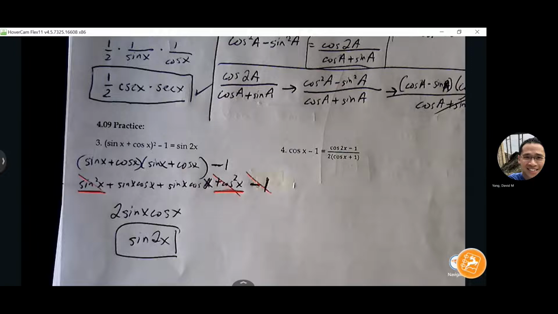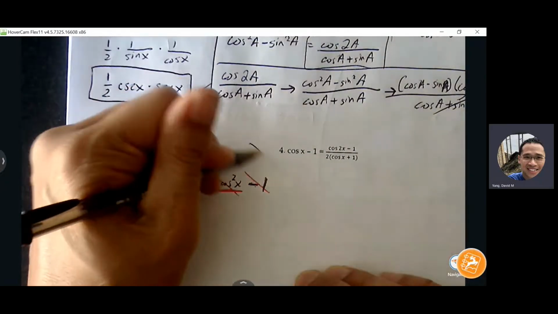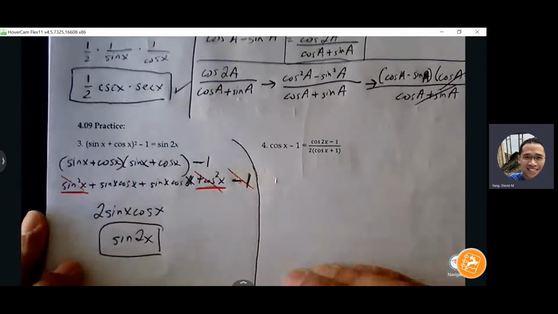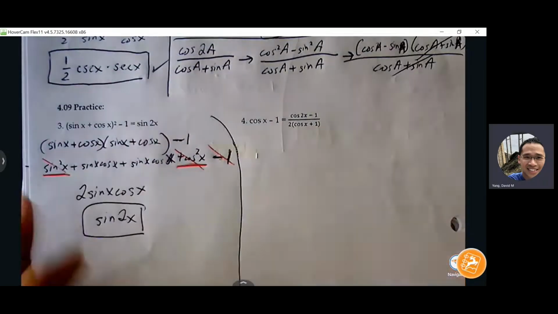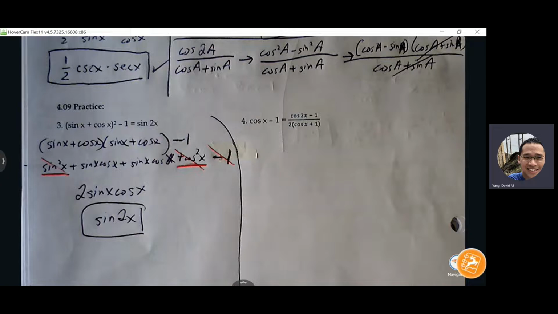Number 4. This one, I do think starting on the right side may be better because it's easier to get from a complex expression down to a simple one rather than from a simple one to a complex one.